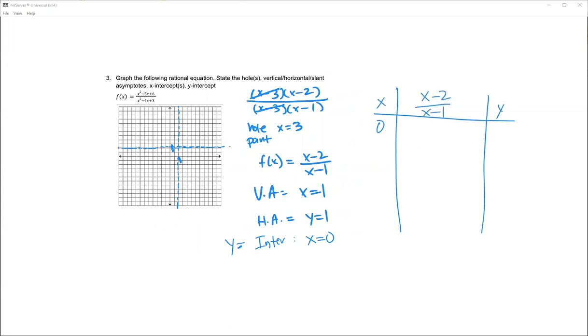It would be 0 minus 2 over 0 minus 1. It'd be 2 over 1, which is 2. So 0, 2 is right here. Remember, I'm skipping every other, that's why. I should draw the graph a little bit darker. This is the y-axis, this is the x-axis.